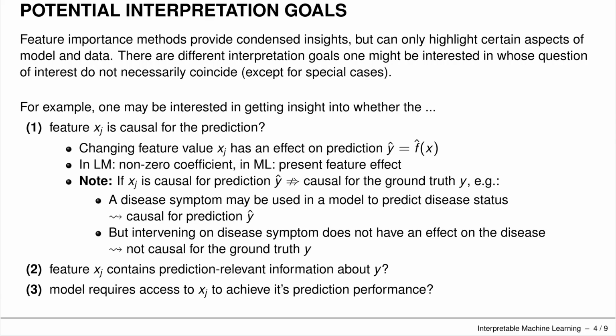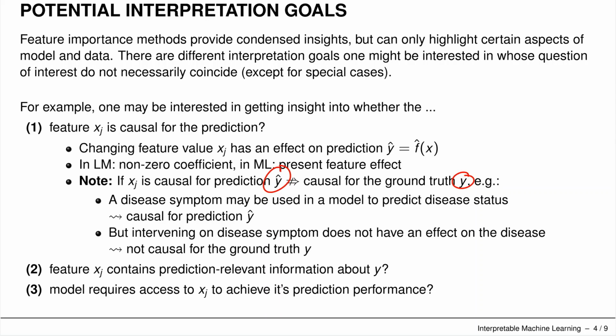For example, in tree-based methods, you might have a split on that feature, or in a neural network, you might have non-zero weights. But note that this is causal for the prediction and not causal for the ground truth. So you cannot infer causal effects from methods that provide information about whether a feature is causal for the prediction.